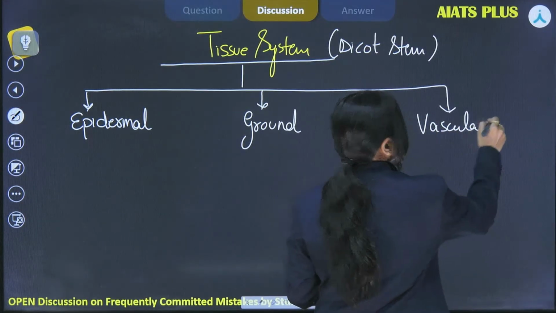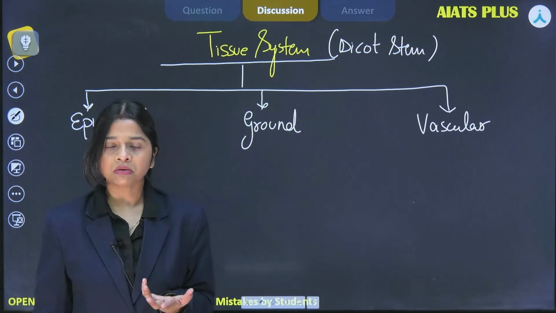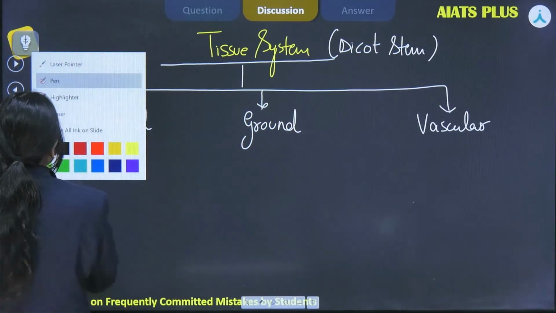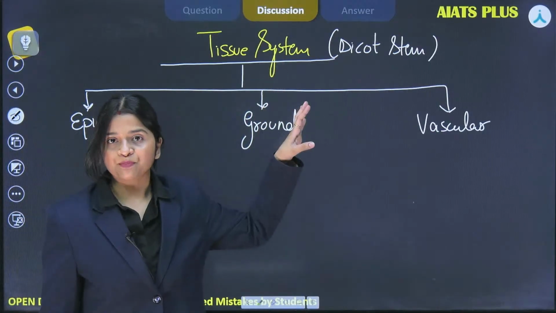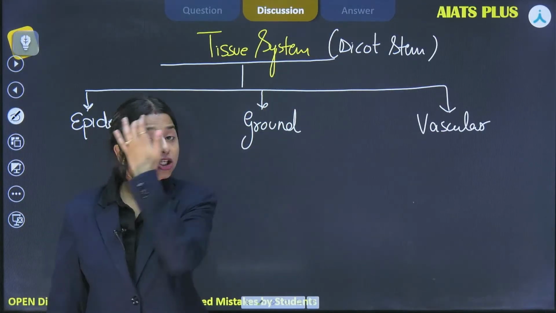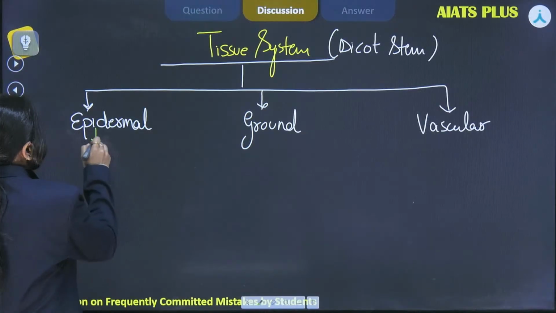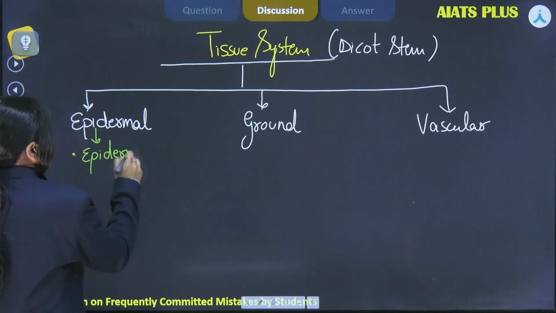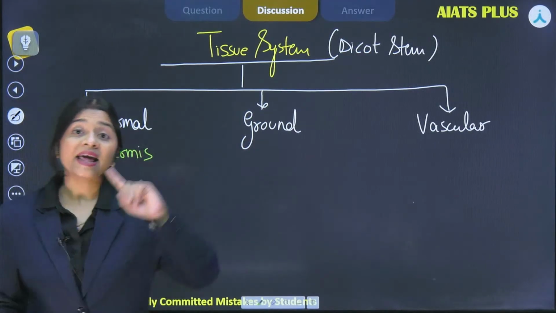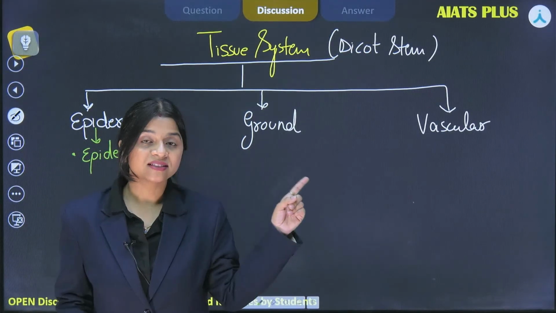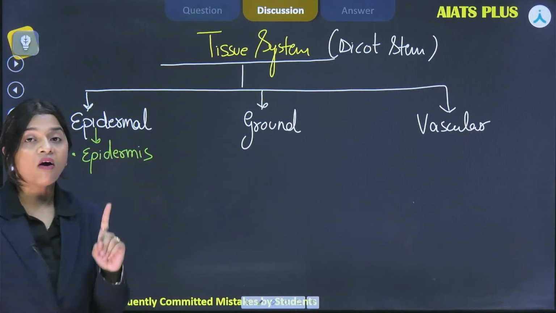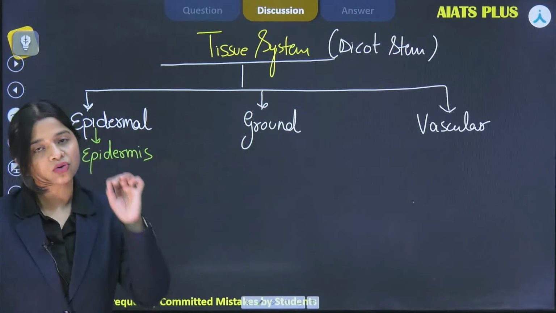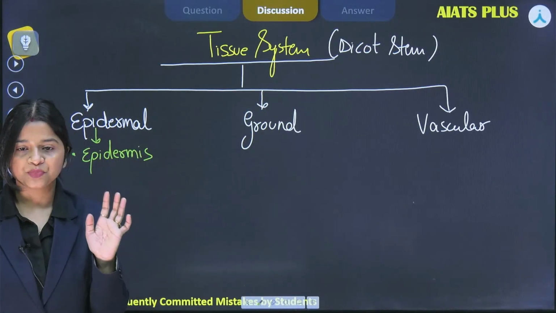This we study in the lower classes also. First of all, we have the epidermal tissue system. If we are taking up dicot stem, what will be the parts of the epidermal tissue system? First of all, we have epidermis. Had I been speaking about root, this layer would be called epiblemma, but since it is about stem, we use the term epidermis.